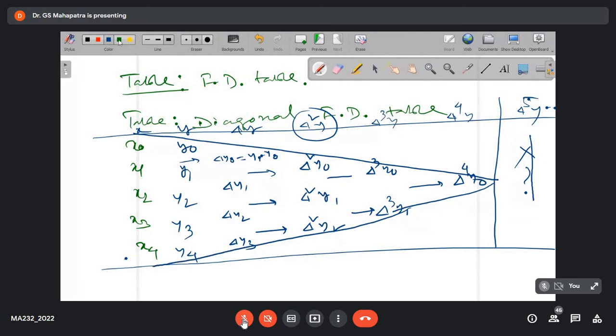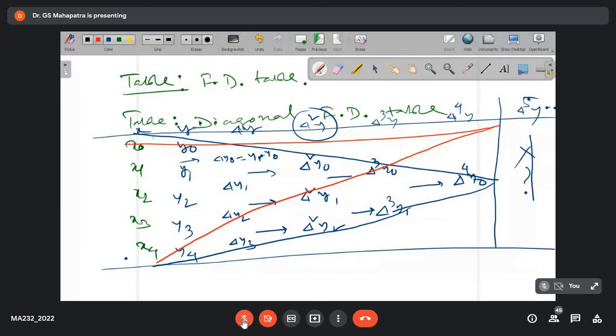The other table uses the same concept, the same differences. It will be placed like this and go up to this point.